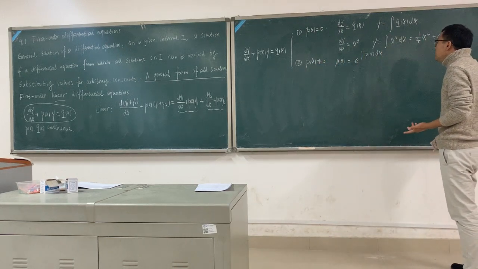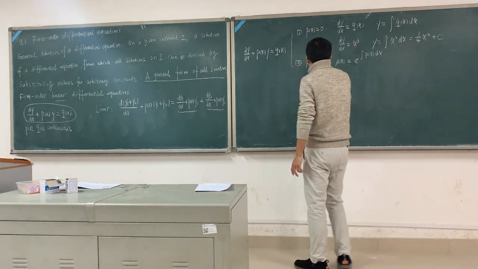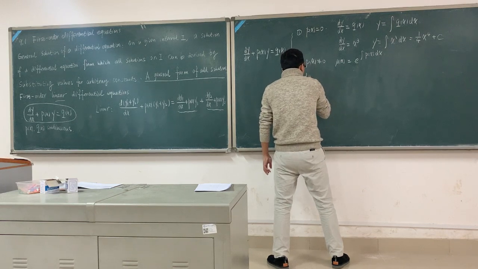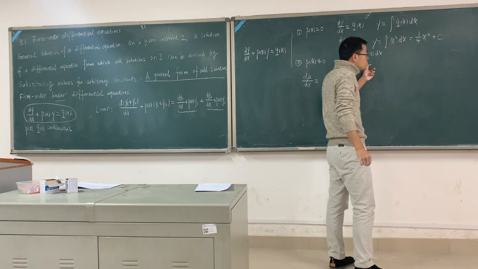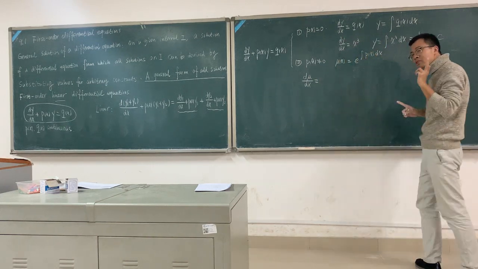Now, what is the derivative of mu? What is d mu dx? For this one, we use the u substitution.